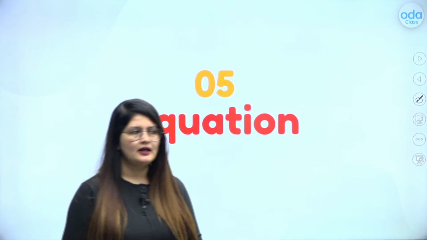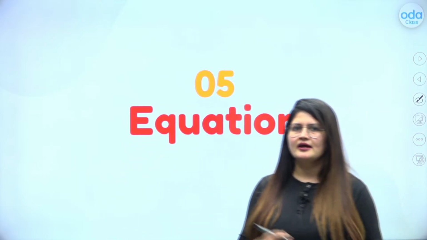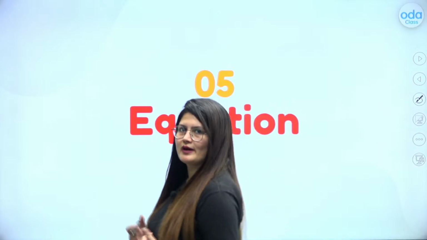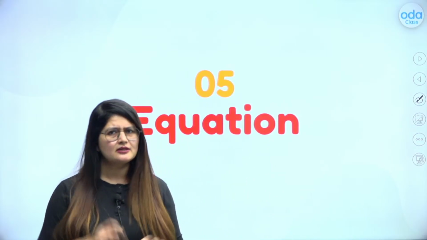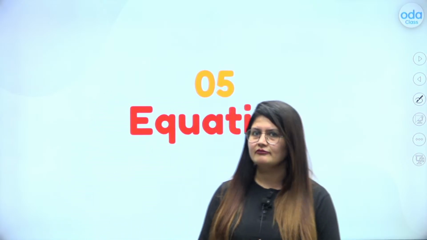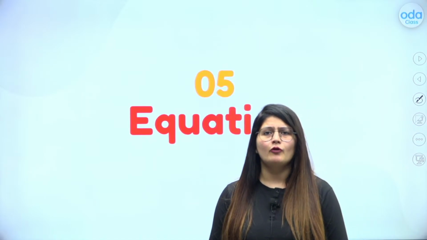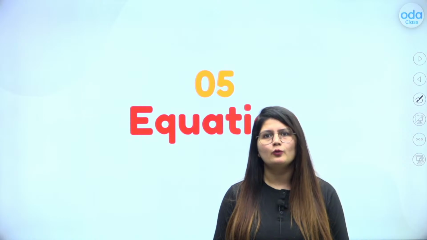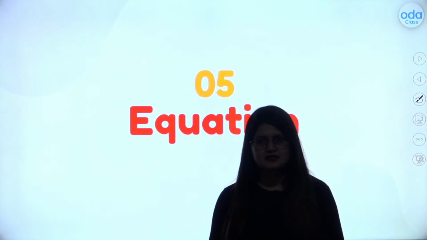Now it's time for us to move to the next thing, which is an equation. If I talk about this word equation, it sounds very similar to equal to. So definitely we are going to have the equal to sign here. Now let's see what are the two things that we have to equate here, or what are the two things that we are going to balance here.